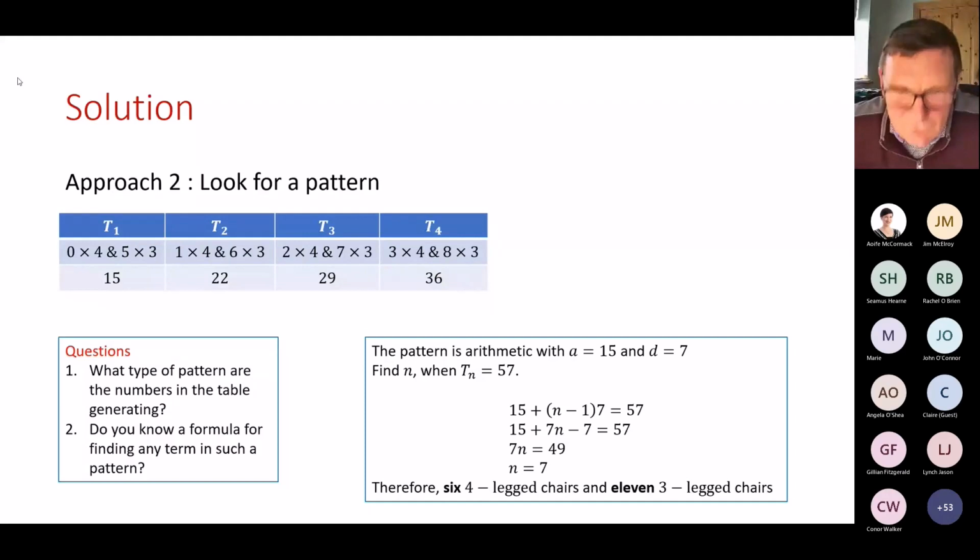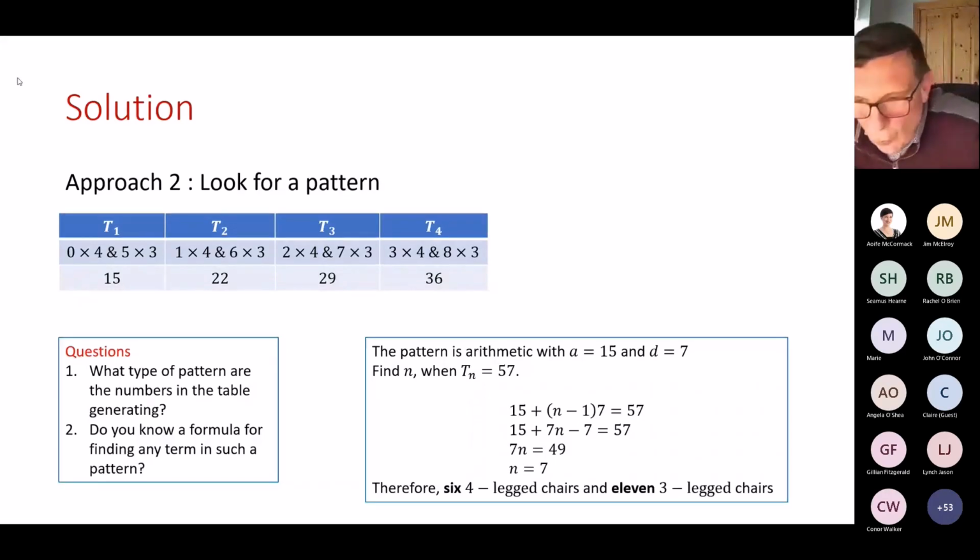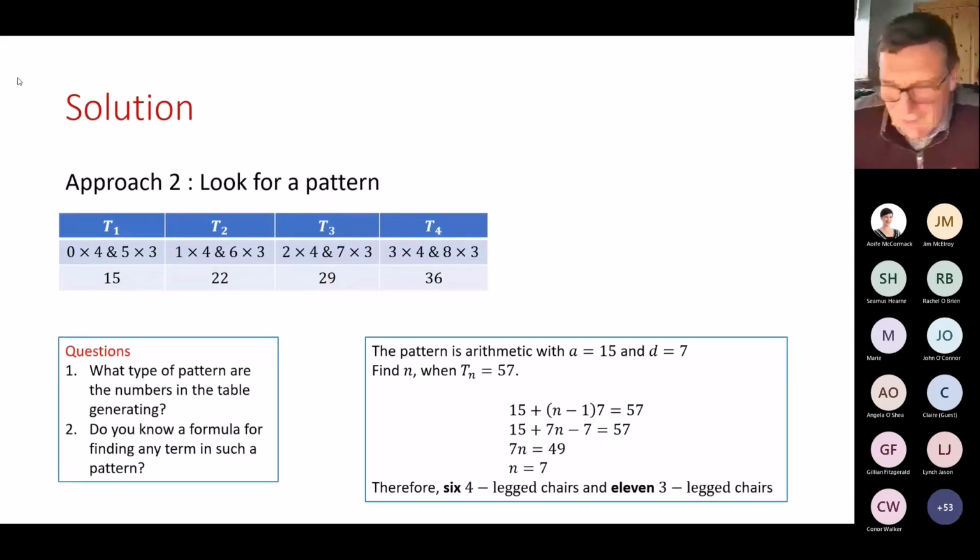The number of four-legged stools is going to be 1 less than the term number, and that's 6. So we're going to have 6 four-legged stools, and if you're going to have 5 more three-legged stools than four-legged stools, you're going to have 11 three-legged stools. I've changed from stools to tables or to chairs. Okay, so that's approach 2.